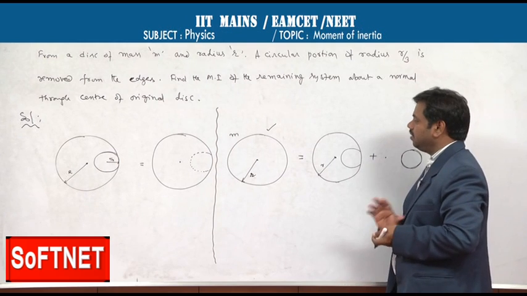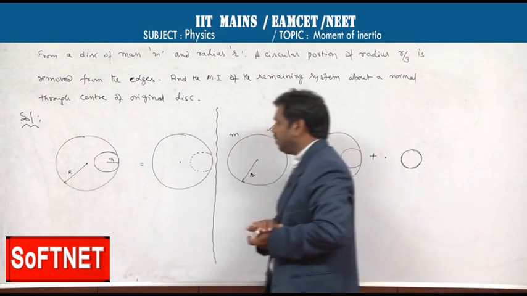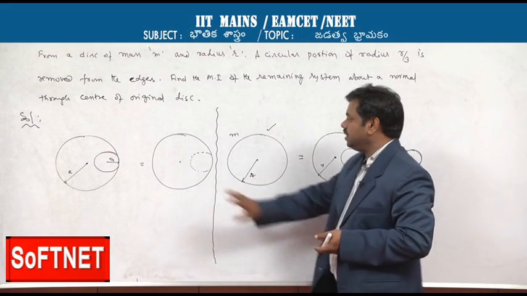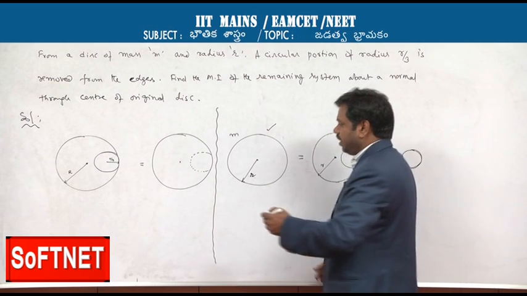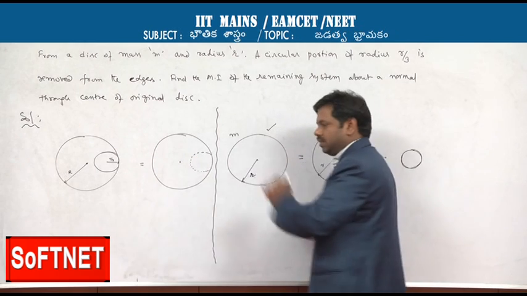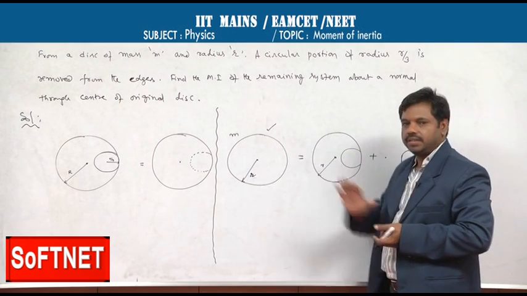And again here you see carefully, this is the total disk. From this total disk, this portion is removed. Now we require to find out the moment of inertia of this remaining part about this axis. For this, I have taken a full disk.